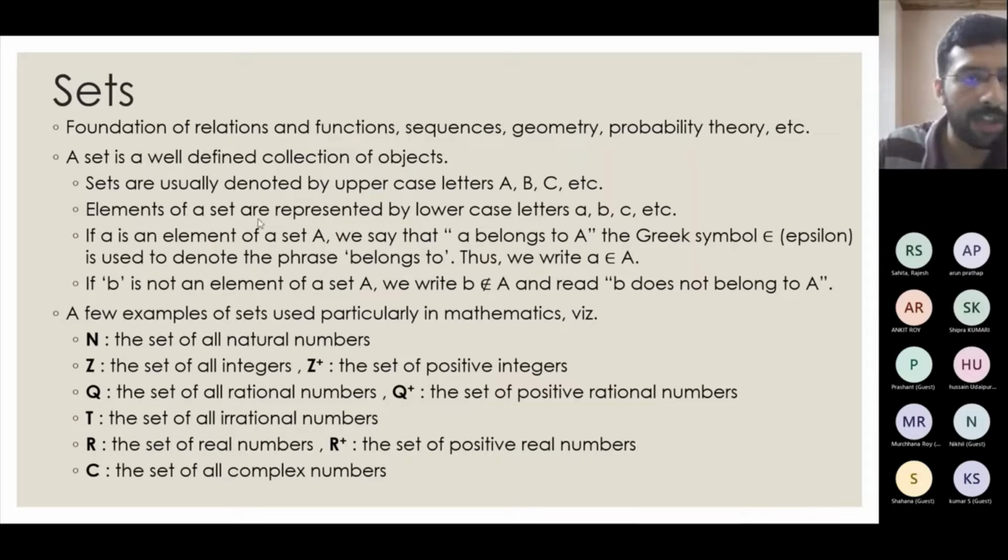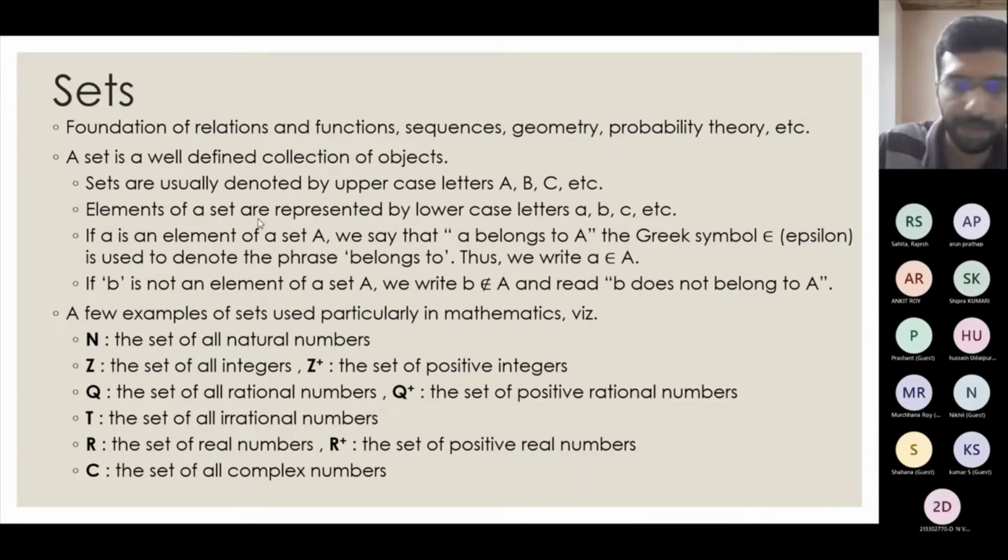Now, sets are usually denoted by uppercase letters A, B, C, S, omega, Greek letters also, whatever it is. And elements of a set are usually denoted by lowercase letters like a, b, c, and the smaller Greek letters also, omega, alpha, that kind of thing. If a is an element of a set A, we say that a belongs to A, like a lion belongs to a set of animals, right?